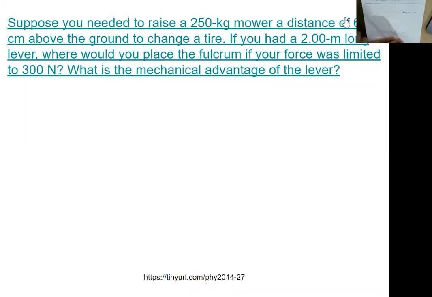The force you can apply, Fi, is equal to 300 newtons. And then the mower here, it tells you the mass, so the weight will be exerting on this end. This is the weight, equal to mg. You can calculate that: 250 times 9.8 meters per second squared. The whole thing is 2 meters long.